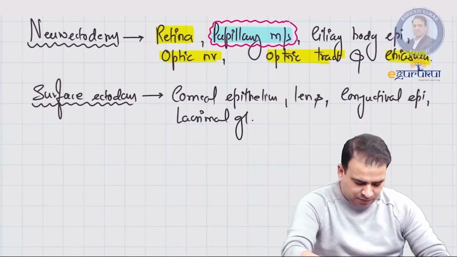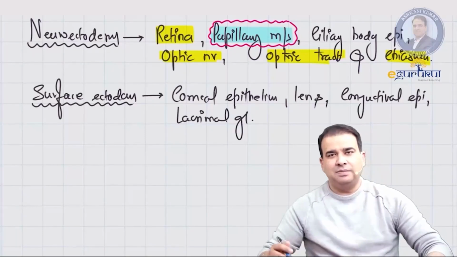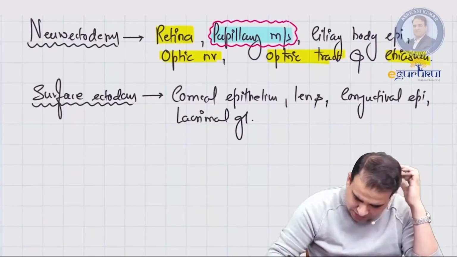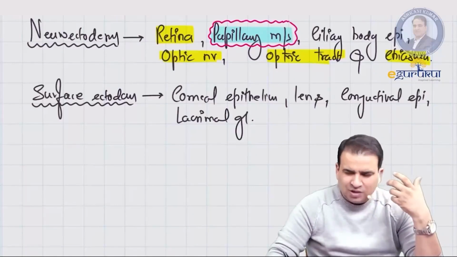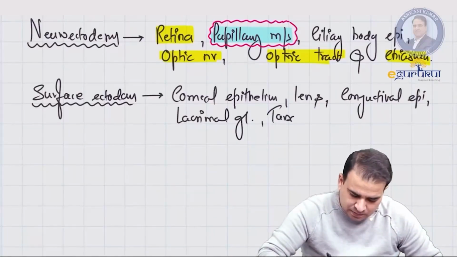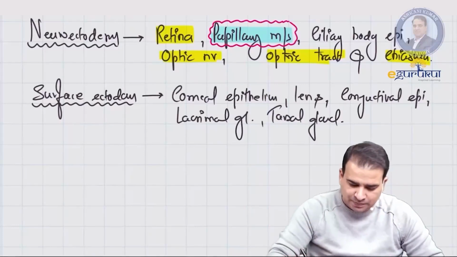They are all coming from the surface ectoderm. So corneal epithelium, the lens, conjunctival epithelium, they are all derived from this. And not only lacrimal gland, even the tarsal glands are coming from the surface ectoderm.